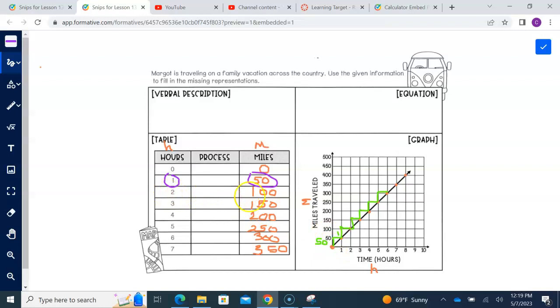But remember, we have 2 and 100. So we can actually go up to 100, but if we do that, we have to go across 2 hours. So it would be 100 to 2. So that's just a bigger stair step, but it's still equivalent to 50 to 1, our unit rate.